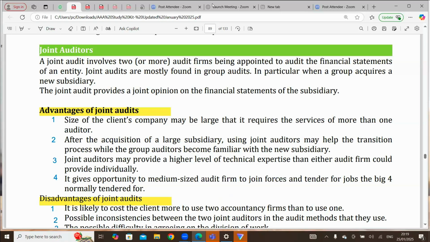That's the component company, the subsidiary and the parent company. Well, joint audit is where 1 or 2 auditors come together to audit the financial statements of a firm or of a group.